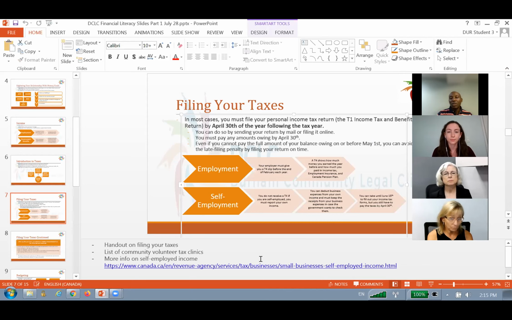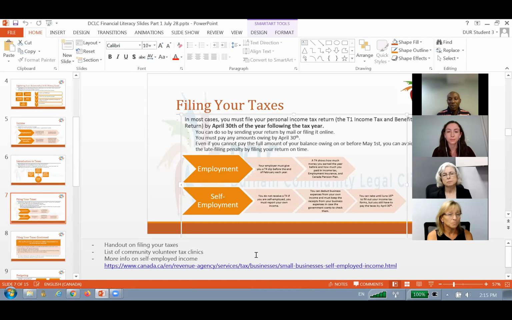So for you, if you are employed, you need to have your T4s, which the employer provides to you. If you get government benefits, the government will also give you T4A slips, which will give you a summary of what the government gave you as benefits so that you can declare it on your tax return.